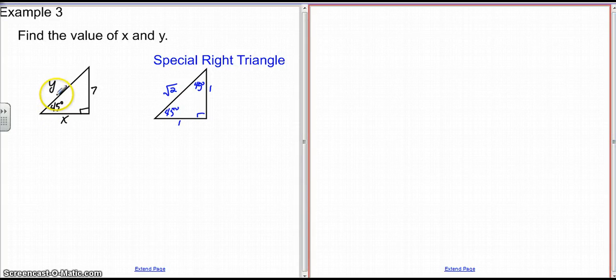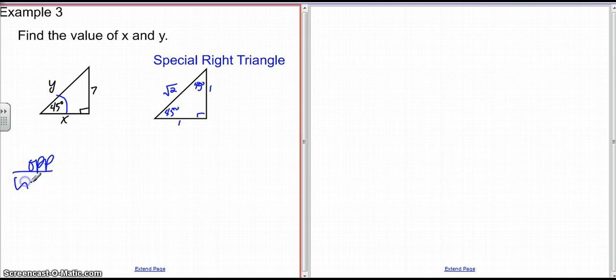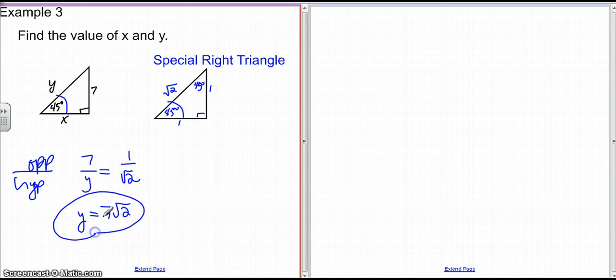I'm going to think about this 45-degree angle, and I'm going to think about opposite over hypotenuse. I would have 7 over y is equal to, now go to the similar triangle, looking at the 45 degrees, opposite over hypotenuse, 1 over square root of 2. If I do product of the means equals product of the extremes, y would be equal to 7 square root of 2.